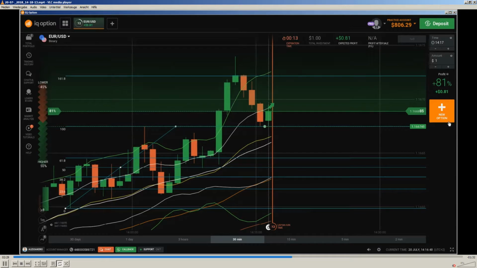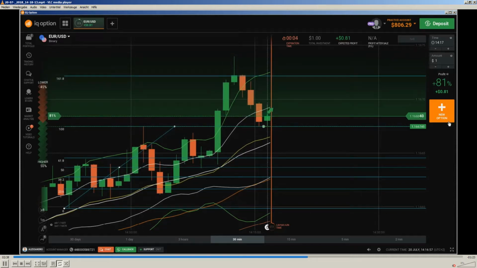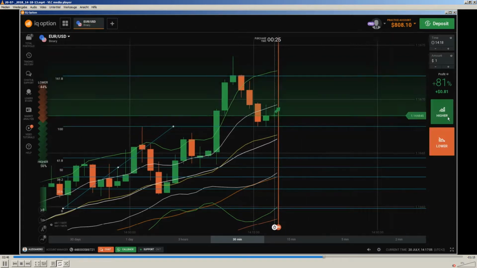So let's see what happened here. Price reversed, because at the end the 100 level is not the kind of level which I would say is a really good point to do this. Now we got a weak candle after the touch of this level.